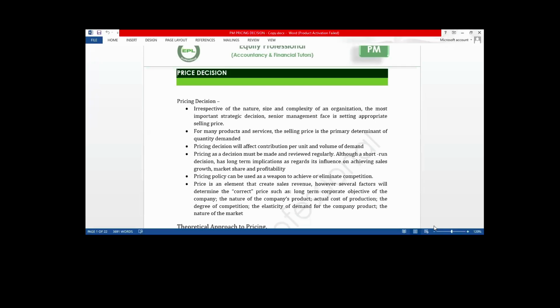So, number one, the corporate objective of a company can have impact on the selling price.